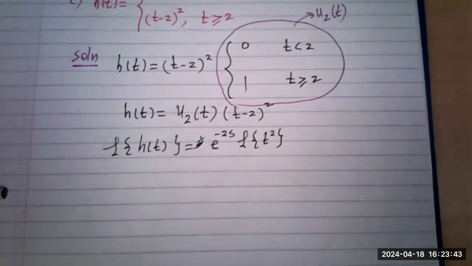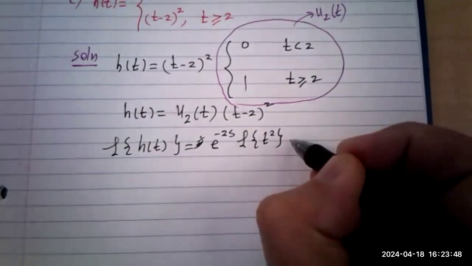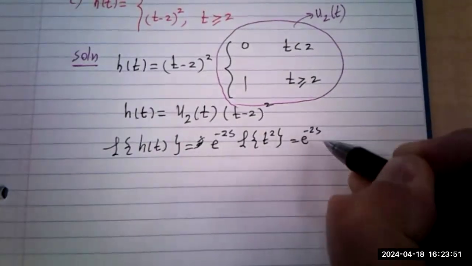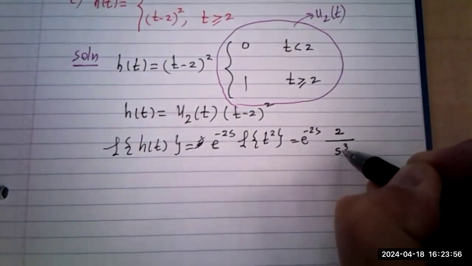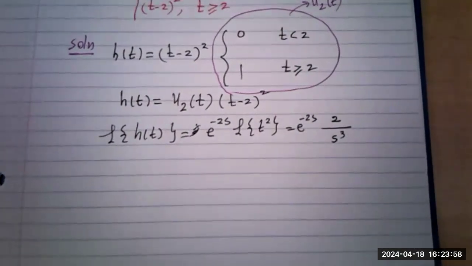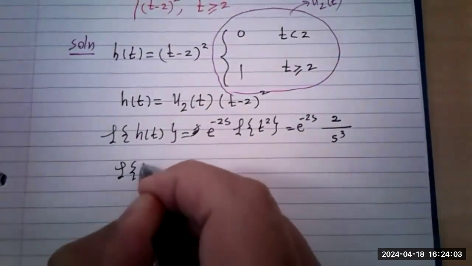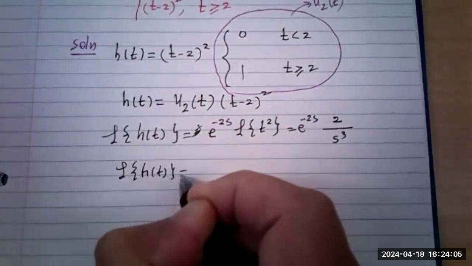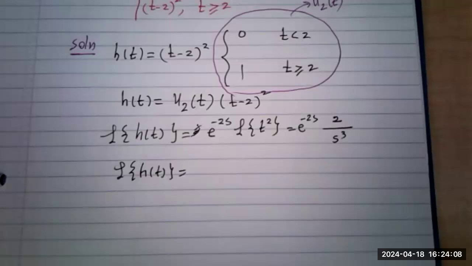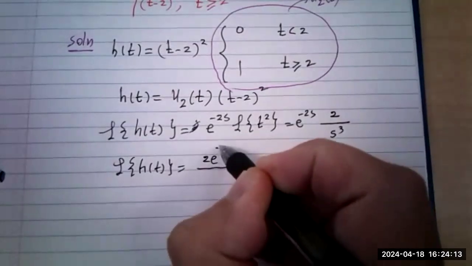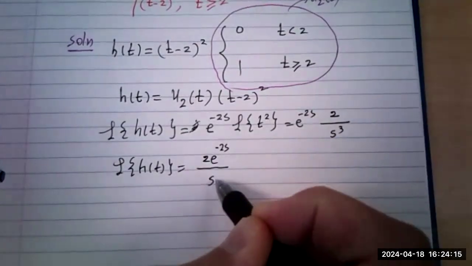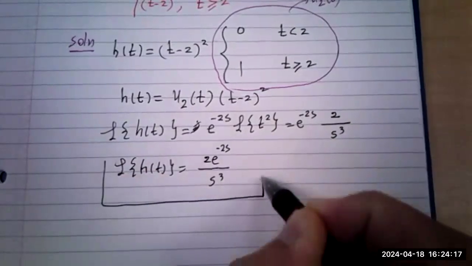The factor is e to the negative 2s, the function is t squared. So it's e to the negative 2s, Laplace of t squared, which is 2 factorial, the 2, over s cubed. So basically the Laplace of h of t, the function given to you, is simply 2e to the negative 2s over s cubed.